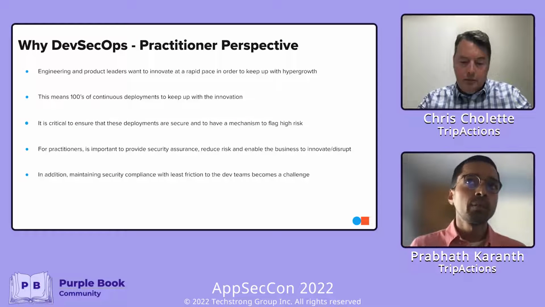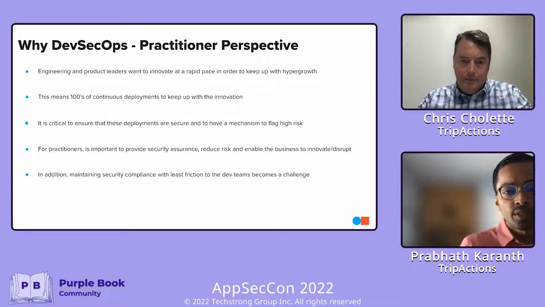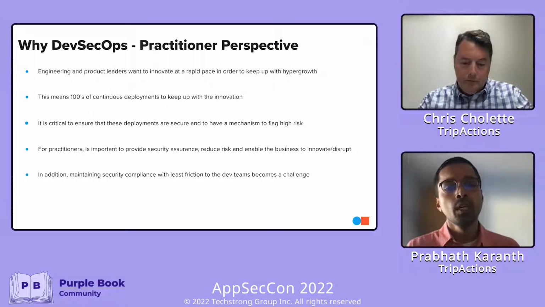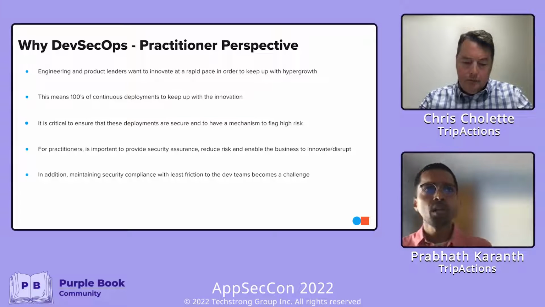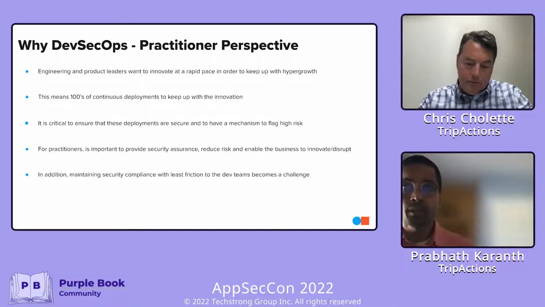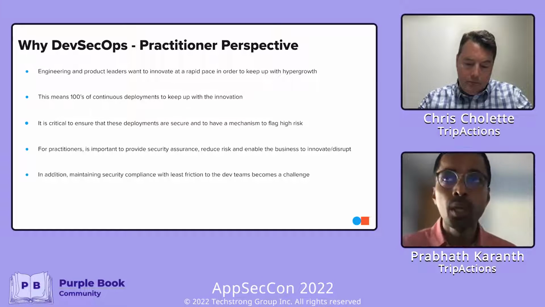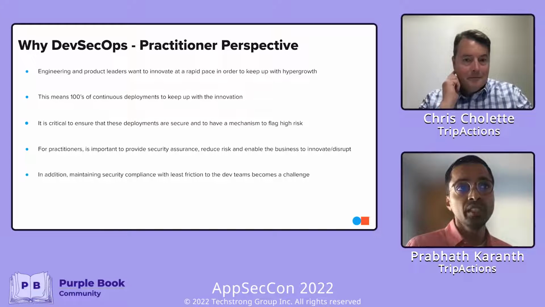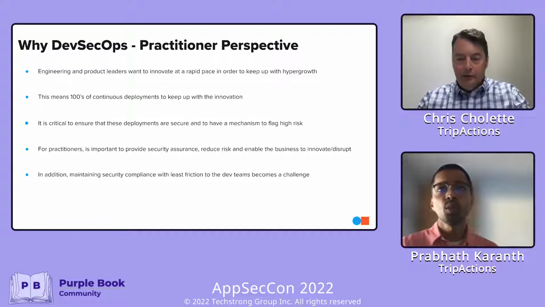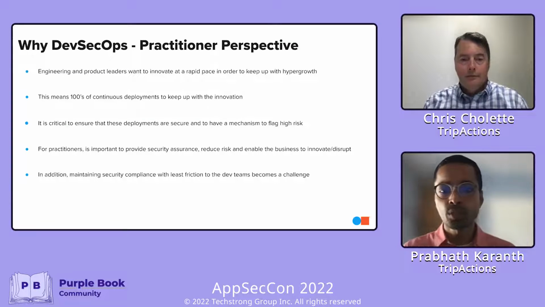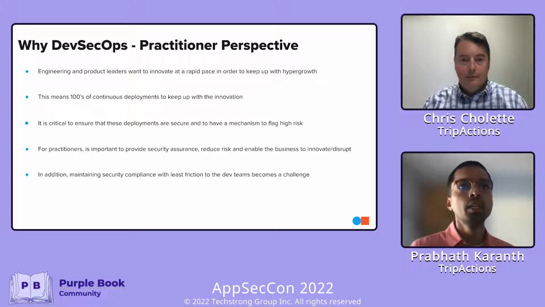Moving on, why DevSecOps? A practitioner's perspective. Here, we want to give you a perspective from a security side and also from an engineering side. In most hypergrowth companies, we see that engineering and product leaders want to innovate at a rapid pace in order to keep up with the hypergrowth businesses. This means hundreds of continuous deployments to keep up with the innovation and feature requests and so on to disrupt the market.